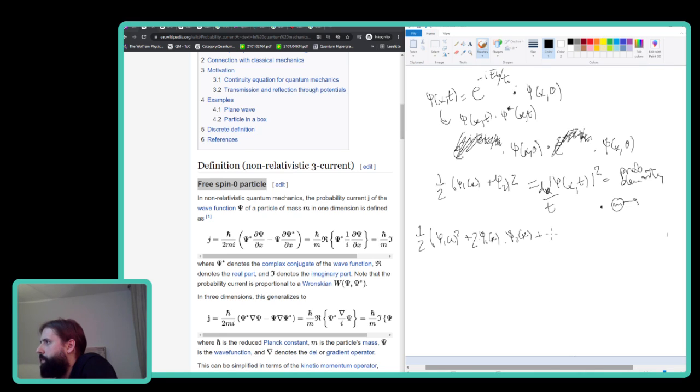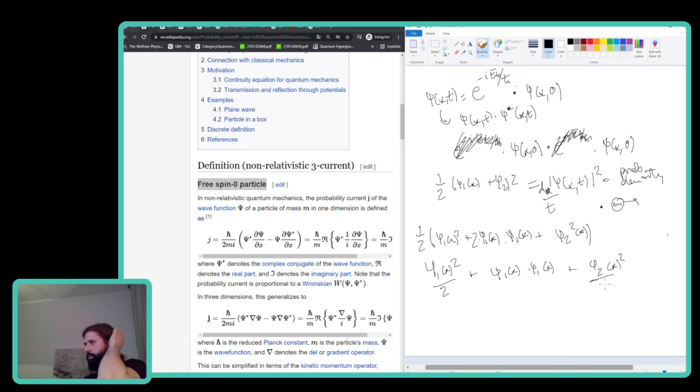And then we have these things squared. You can just distribute everywhere, and so we just have that divided by 2, and then plus this thing plus this thing divided by 2, right? Exactly.